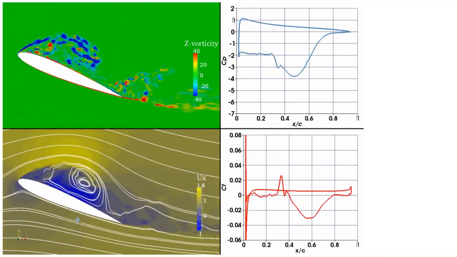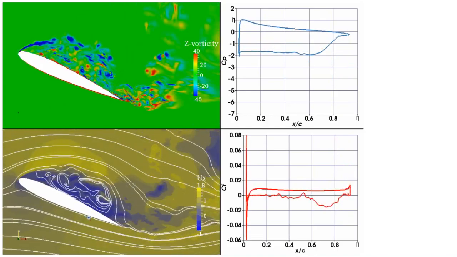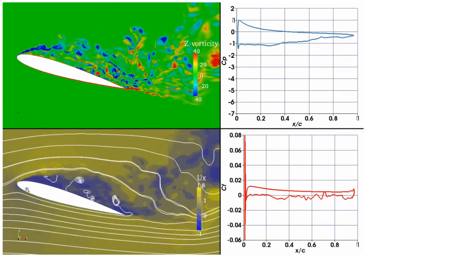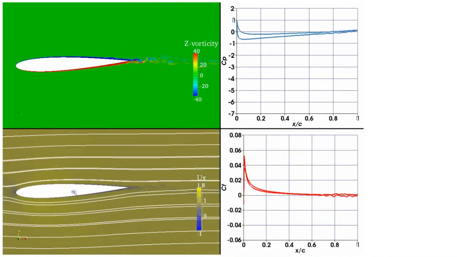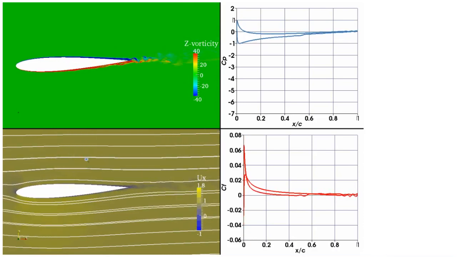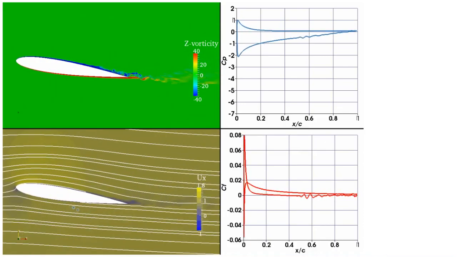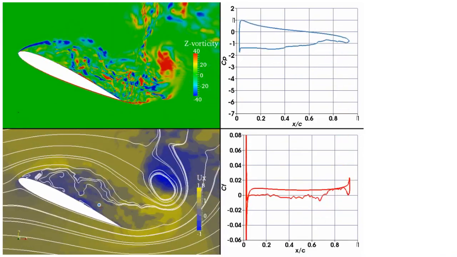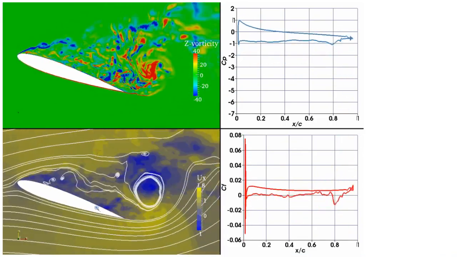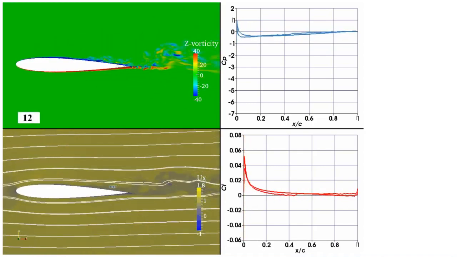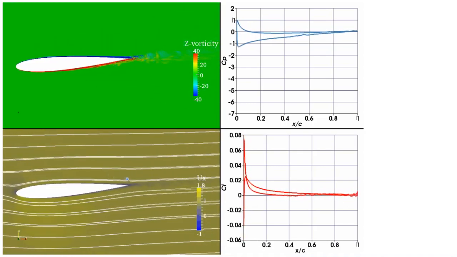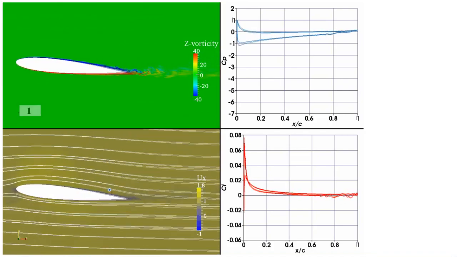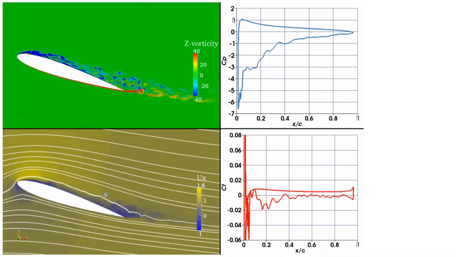Here they stay more closely together for a higher angle of attack, and if the angle of attack is zero, these streamlines on the upper part and on the lower part of the airfoil tend to be symmetrical. Here you can see the streamlines which correspond to the vortex formation.